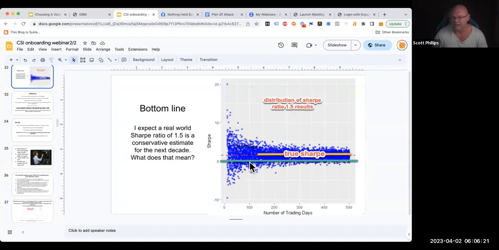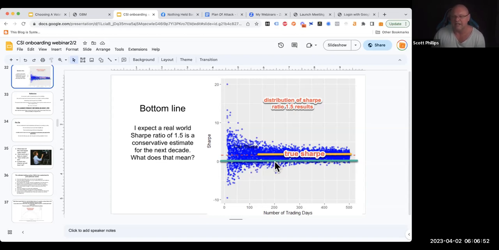By 100 days, well, we're looking better, but all the ones below this dotted line are doing worse than average, and all the ones below the green line are losing. So at 100 days, you still shouldn't be concerned, even with a very, very high Sharpe ratio strategy like ours, that you're not making the money that you thought you were going to.